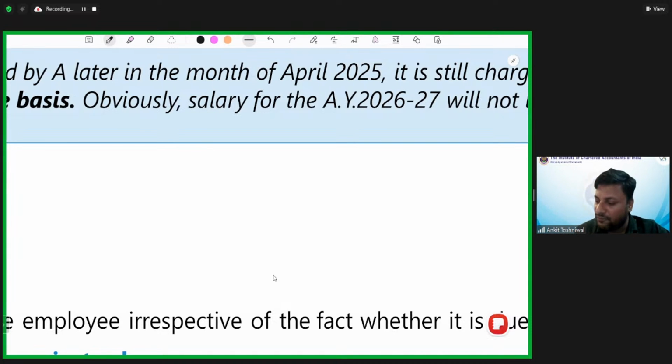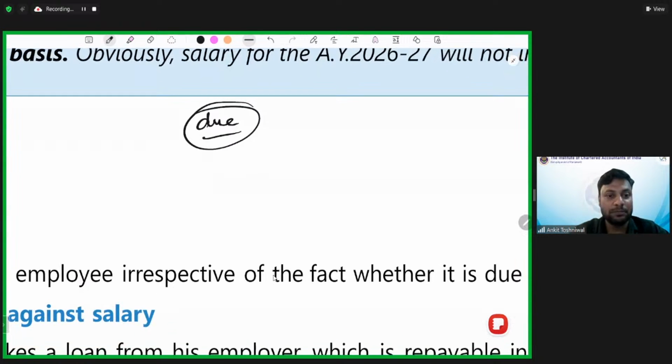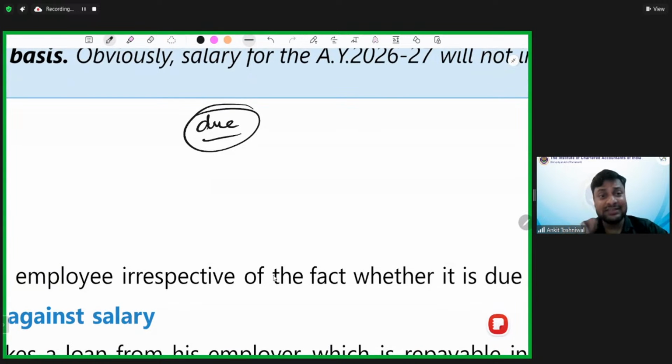What is the meaning of due? When you say the salary is due, there is always an agreement and a date defined under that agreement between the employer and employee that salary will be due on that particular date. That is the due date.